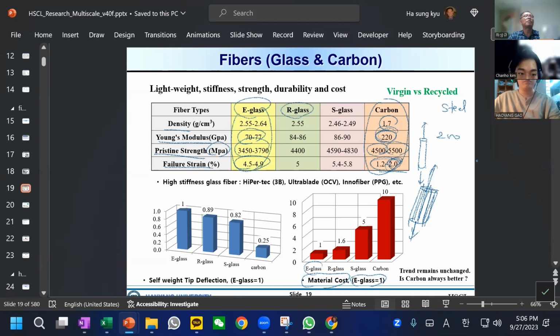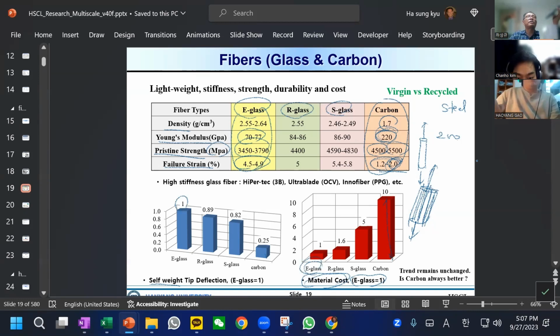And we have special glass like R glass and S glass. And the material cost with respect to E-glass, you can imagine about 10 times more expensive than E-glass. And the weight can be only 25% compared to E-glass for the same stiffness.